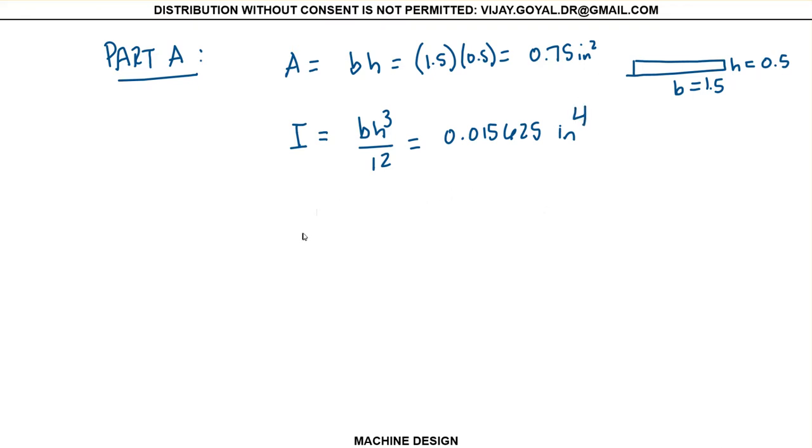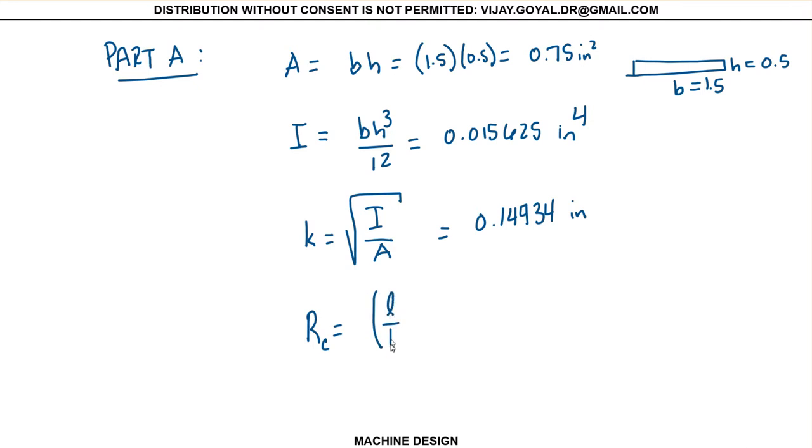Then you can find your radius of gyration. Your radius of gyration is the square root of I over A, which is equal to 0.14434 inches. You need to find your critical slenderness ratio. Your book calls it L over K, critical.